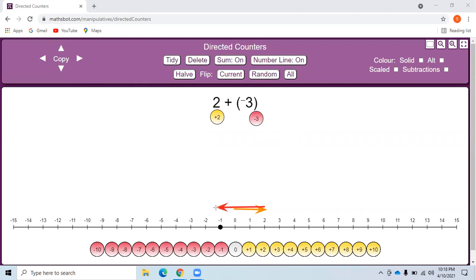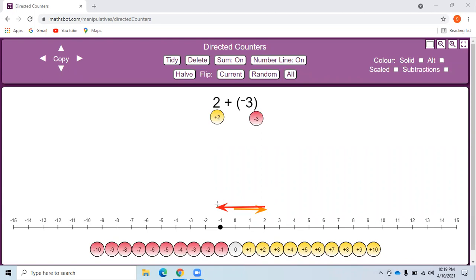And again, we can see that the second movement, which was in the opposite direction, cancels the first movement and then moves further in the negative direction. So 2 plus -3 is equal to -1. Our arrow in the negative direction is longer, so our sum is negative.